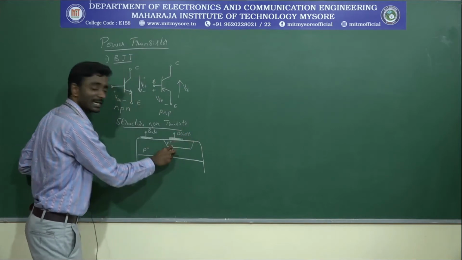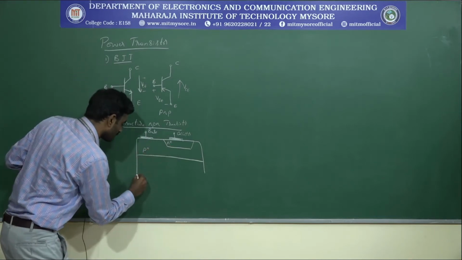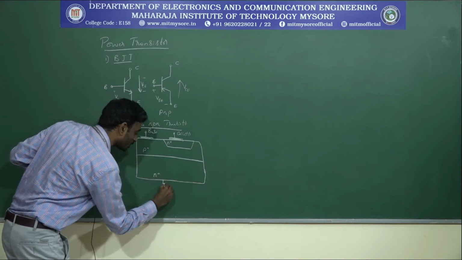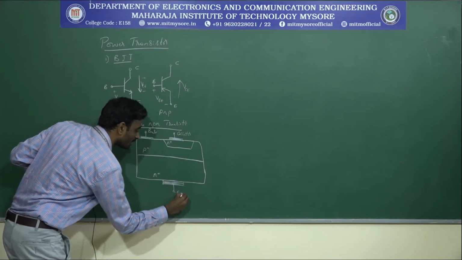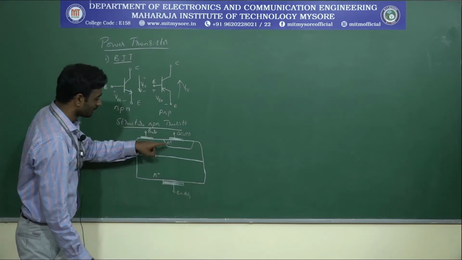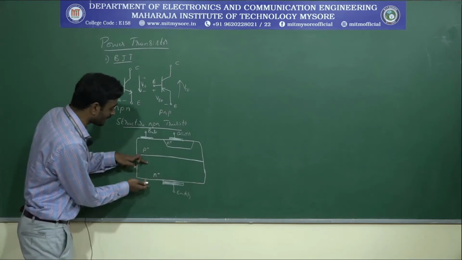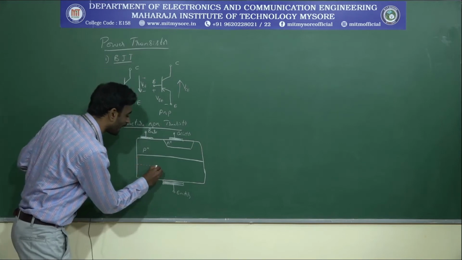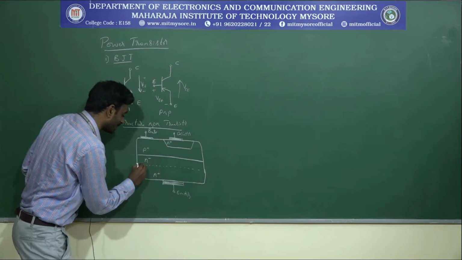Here the collector terminal is connected to the N plus region and the base terminal will be connected to the P plus region, and the last one, the N plus layer, will be connected to the emitter region. So in this case, I will have N plus, P plus and N plus, where the N layer, that is the last layer connected to the emitter, will be split into two parts. One part will be the N plus layer and another will be the N minus layer.